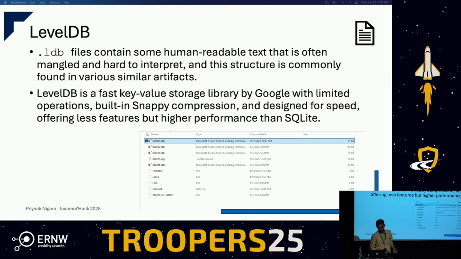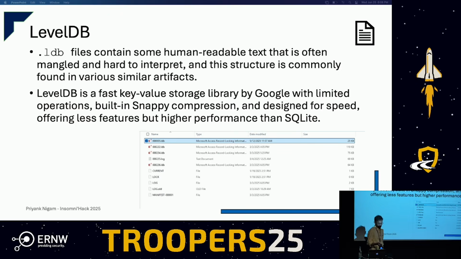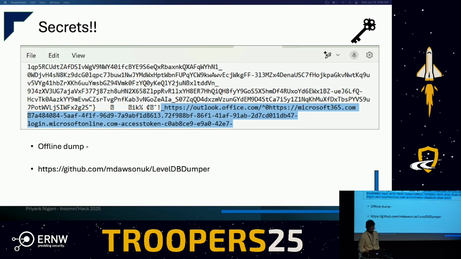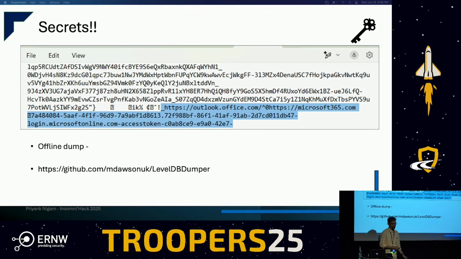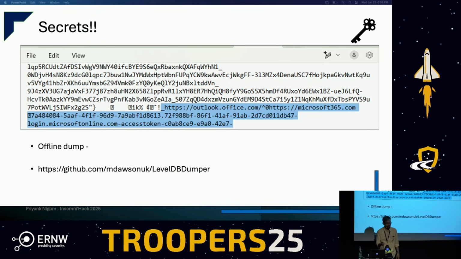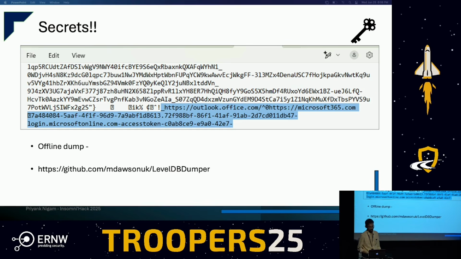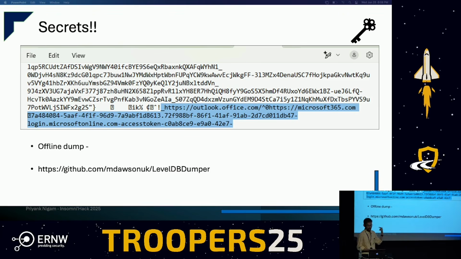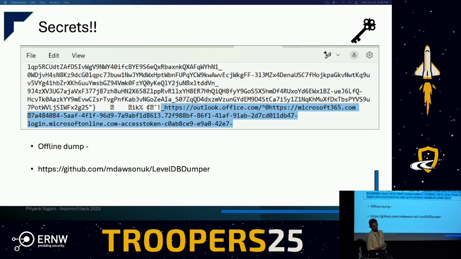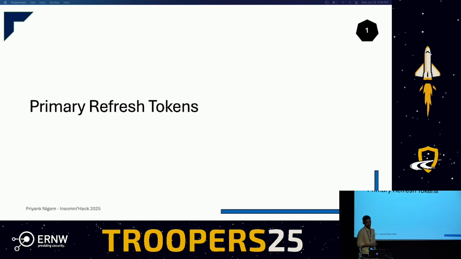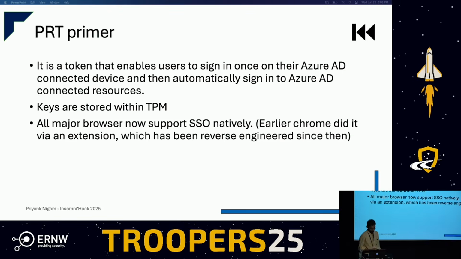Some of these are spontaneous; they may or may not exist at a particular time. But more likely than not, they are going to contain secrets. If you're going to grep for it or just open it in Notepad, you could just do an offline dumper. Grab all these files, take them to your infrastructure, dump them. You'll pretty much find a lot of stuff in there. So that's exploring the file system for WebView apps.